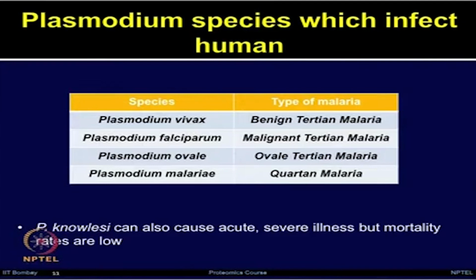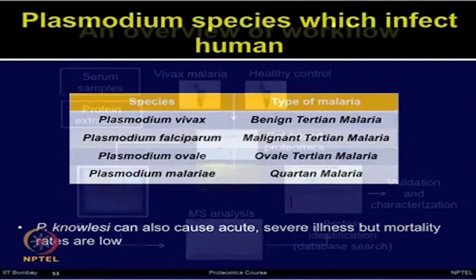In addition to these, Plasmodium knowlesi can also cause acute and severe illness, but mortality rates are quite low for this species. So, there are different pathogens of malaria, but Plasmodium falciparum and vivax are the prime targets for investigation, because as we discussed earlier, more than 95% of malarial cases worldwide are due to these two species.